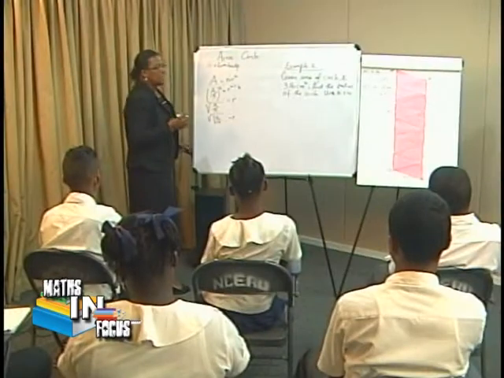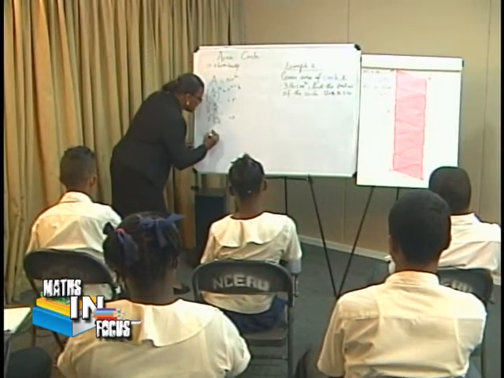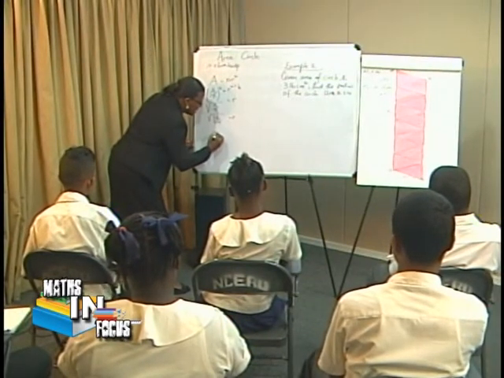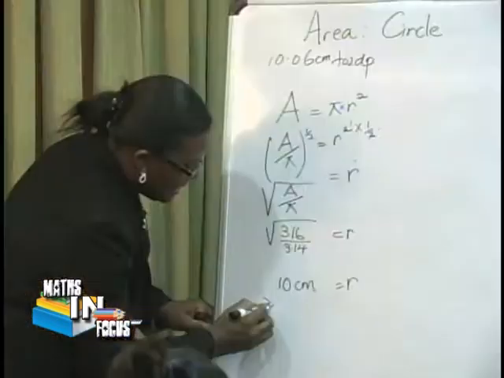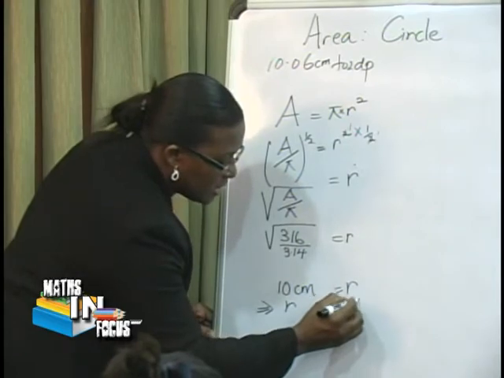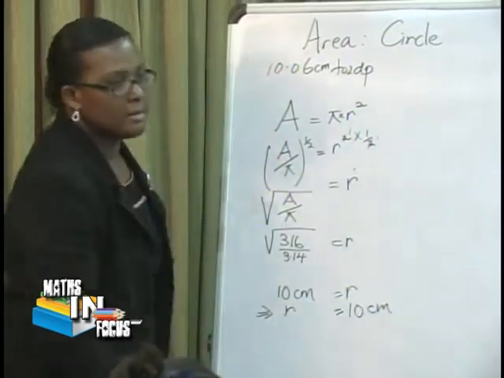And when you work it out to the nearest whole number, you get 10 centimeters as r. So that implies that r is equal to 10 centimeters. Okay?